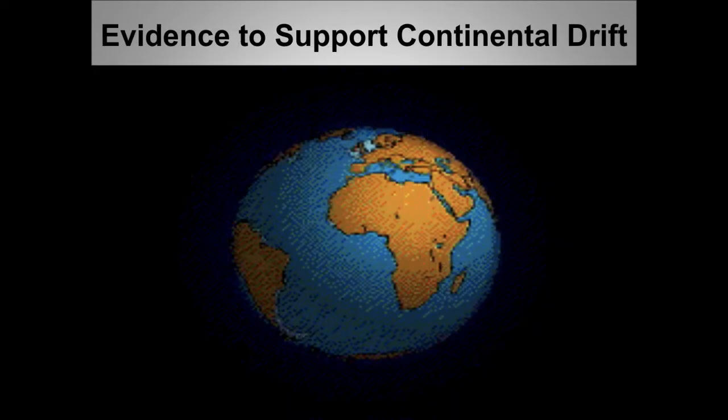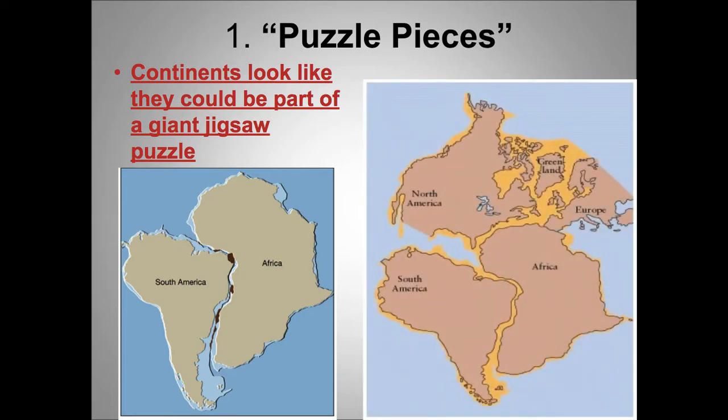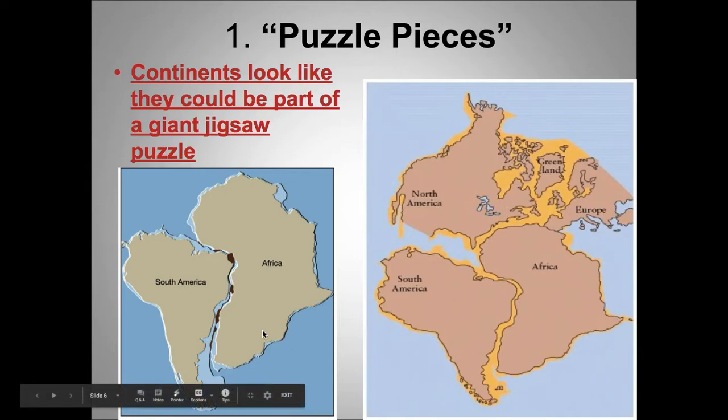All right, his first piece of evidence was the one that really got him interested in this, the puzzle piece evidence. Now, we all know that puzzles work. You take 2 pieces, and one side is opposite the other side, and they fit together. And he was like, yo, the continents look like they're puzzle pieces, particularly along the coast of South America and Africa.